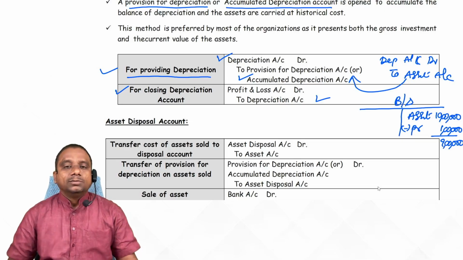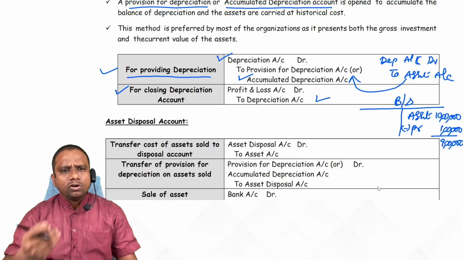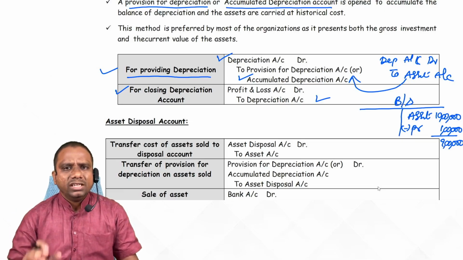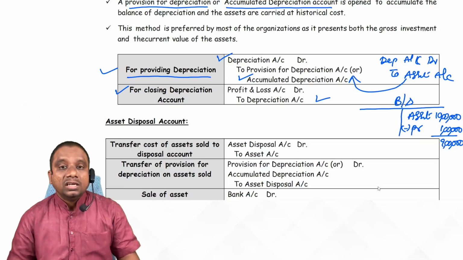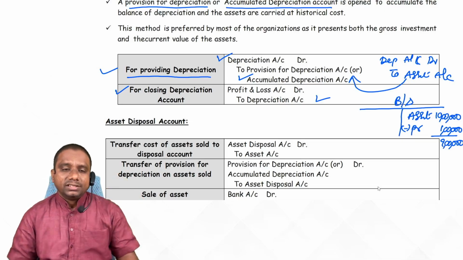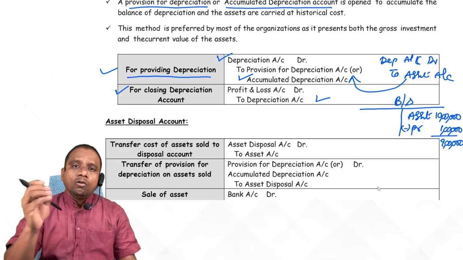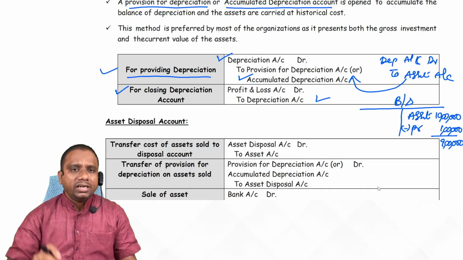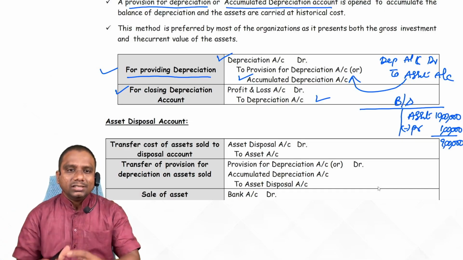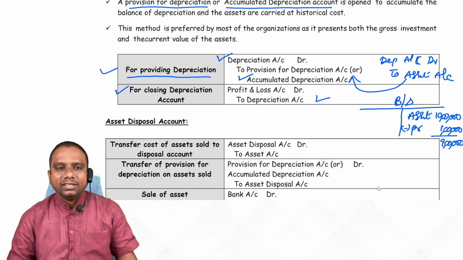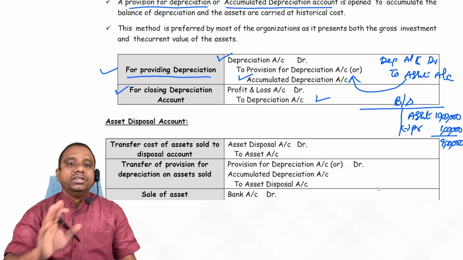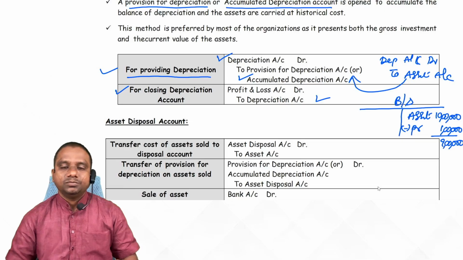Now, the next concept. Every year we follow the same procedure. At the time of sale of the asset, whatever depreciation we provided on the asset is transferred to the asset account to calculate profit or loss on sale of the asset.